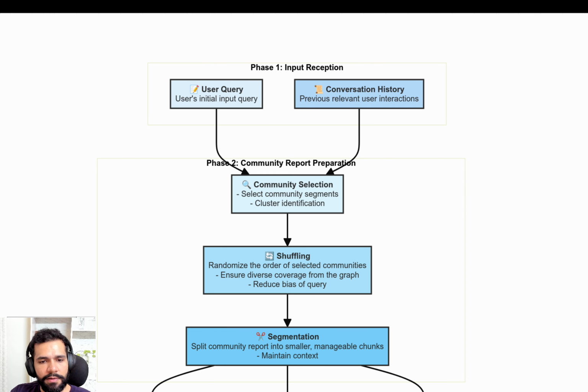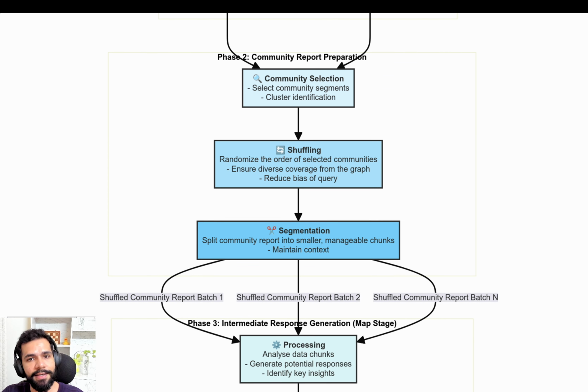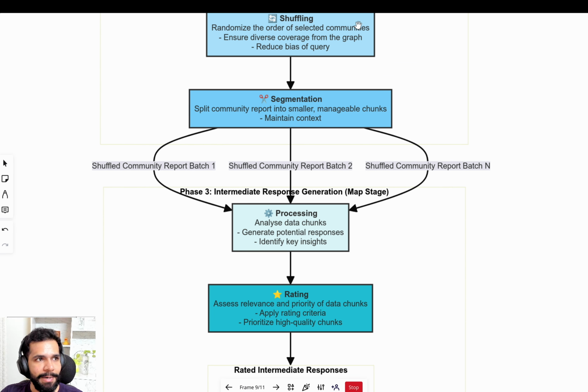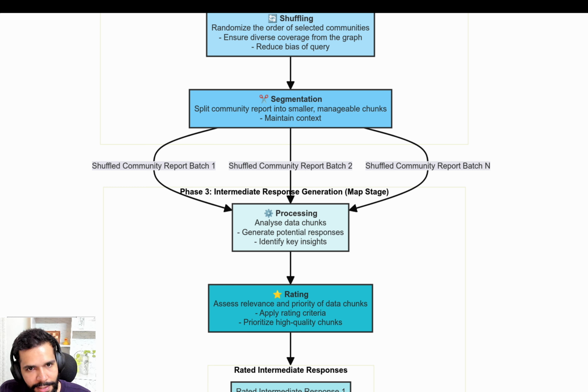We shuffle all of these together to introduce some randomness and not to have bias towards one community which has a higher number of nodes and data in it, or which is more directly related to the query and might get more weightage. We want a more holistic answer, so it should be possible for it to look at different communities equally.